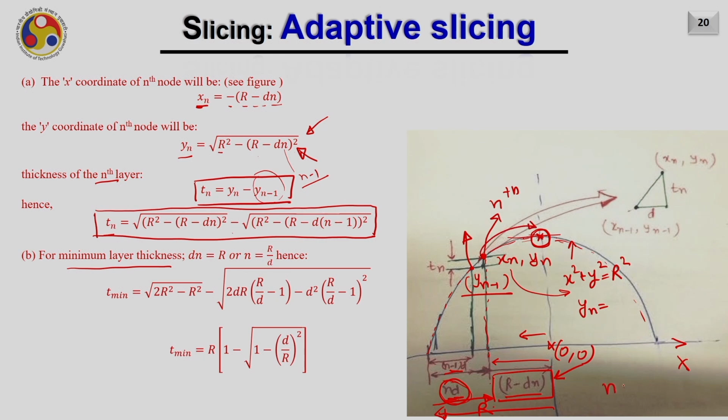It is obvious, in that case nD will be equal to R, meaning I am now considering from here to here the entire distance. So let us replace nD by R, or in other words n equals R by D, and replace n by R by D in this equation. You will be able to find out the minimum layer thickness as T minimum equals R times (1 minus the root of 1 minus (D by R) square).